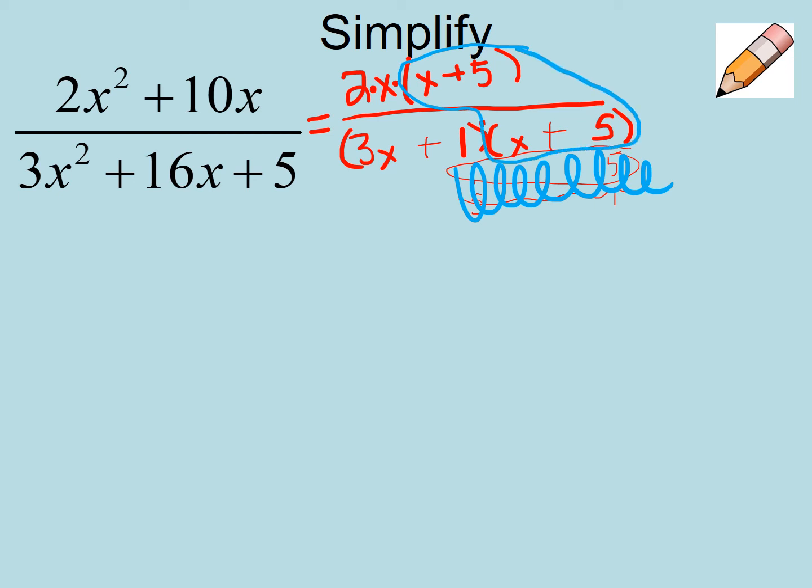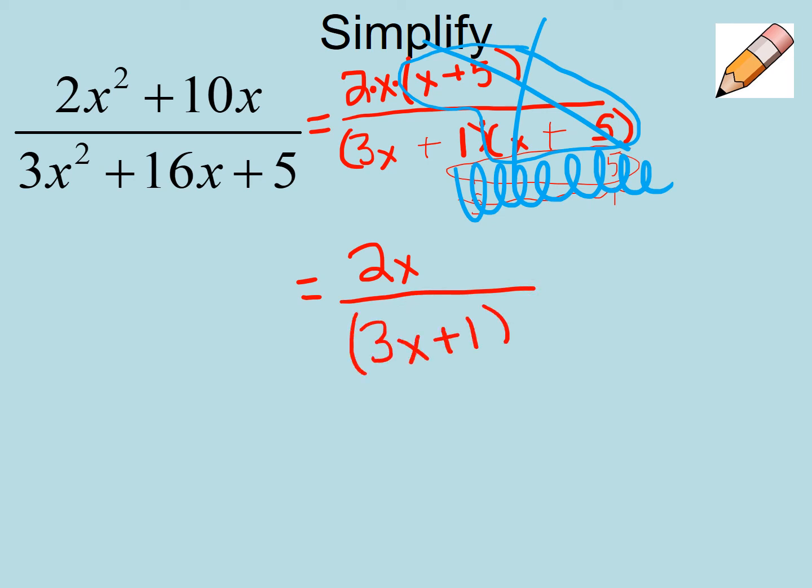And since they're factors and they're getting multiplied, I can cancel those. Sorry, this is getting messy, so let me rewrite it. Now we have left in our numerator 2x, and in our denominator 3x plus 1. There's nothing left that I can do, so that's my answer, because we can't take anything else out of the numerator and denominator. We just canceled those common factors, which was an x plus 5 in parentheses.